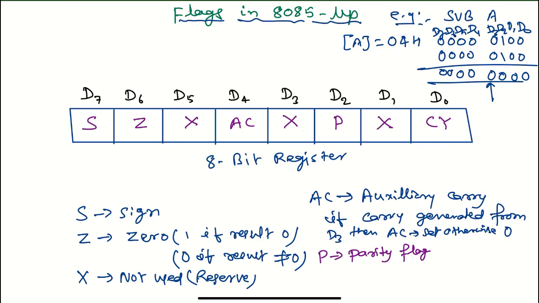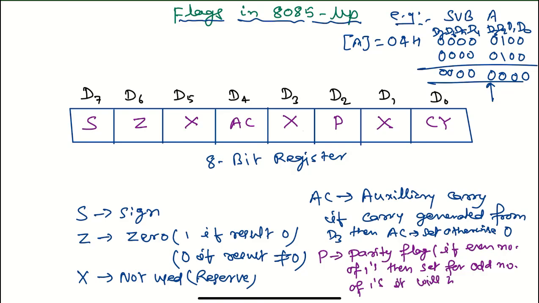Whenever any arithmetic or logical operation is performed, if there is an even number of ones in the result, then this will be set, and that is called even parity. If even number of ones, then set. For odd number of ones, it will be reset.